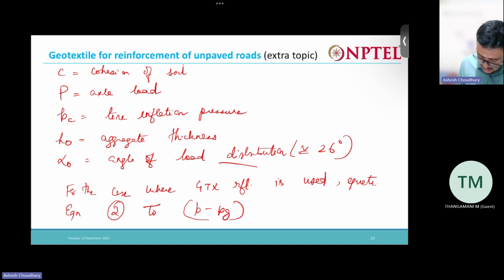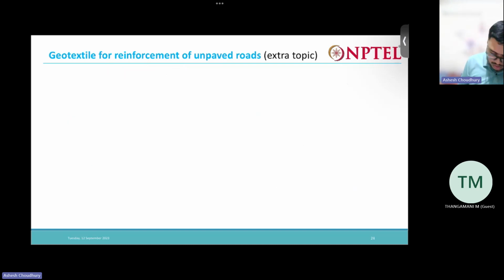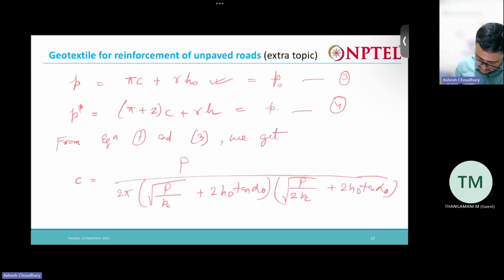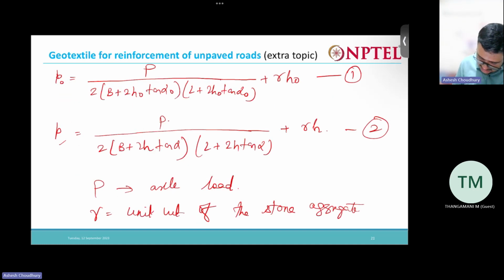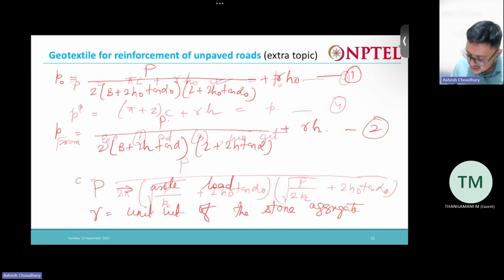Okay, means equation 3, sorry, equation 3 to P, not equation 4 to P minus. I will show you. So what was the equation? What was P? P was this, right? From equation 2. This was P. The P minus PG.